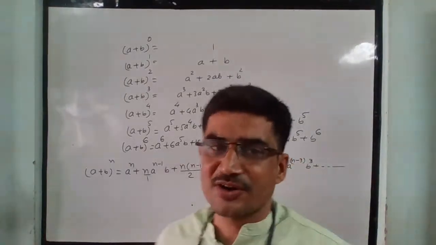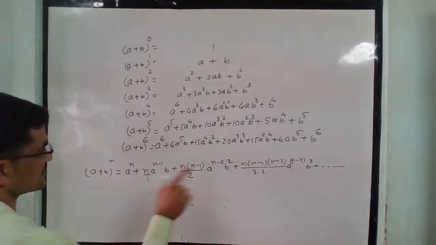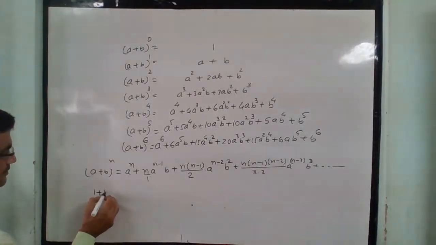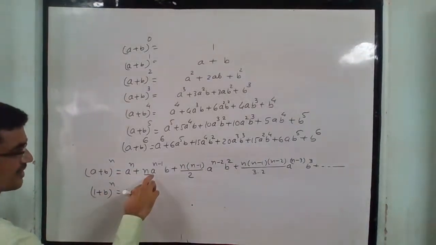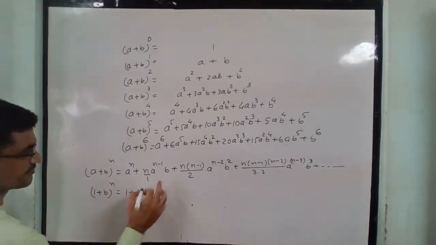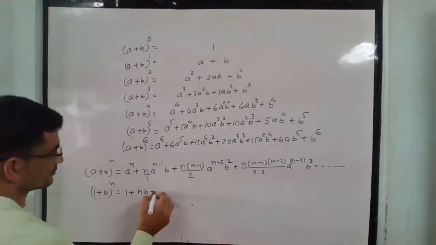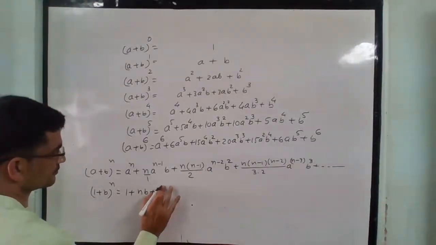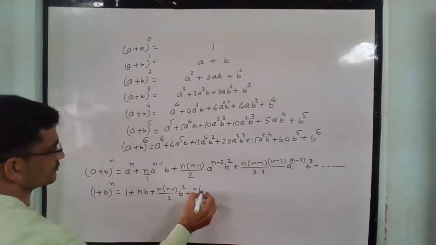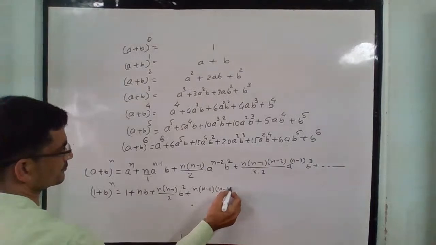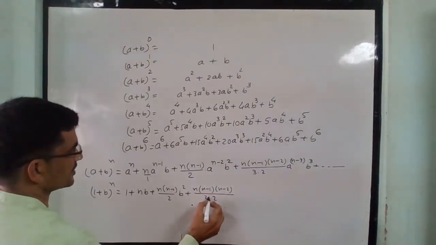Now here I will make it a bit easier. Suppose a is 1. If a is 1 everywhere, 1 to the power of whatever is 1 only, so that becomes 1. So 3 into 2.